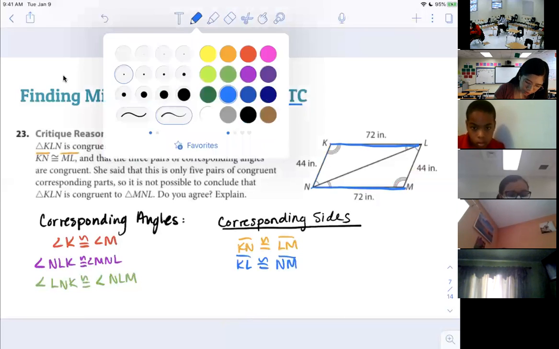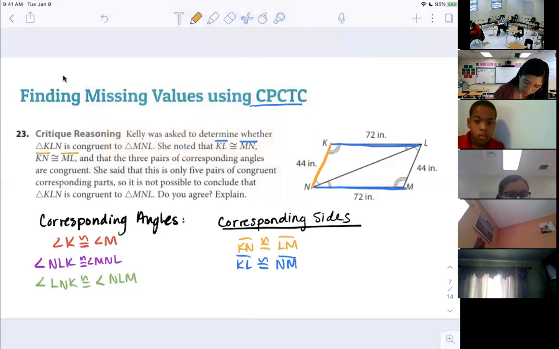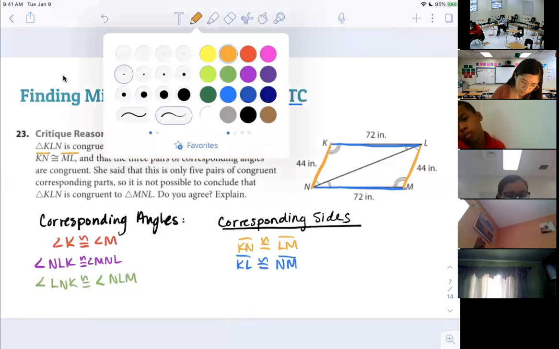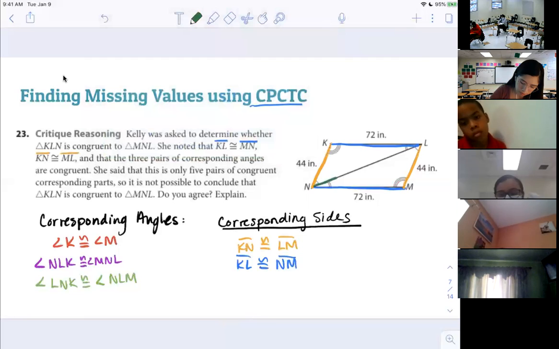I have my oranges. I have KN and LM. And like Perla just said, we also can make a pair between N and L. N and L is congruent to LN.